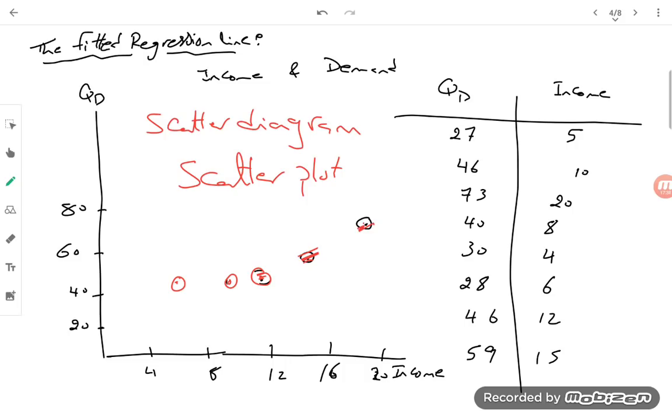So now we have to convert the mathematical equation to an econometric one in order to be able to estimate the parameters and to find whether it's going to be a positive or negative relationship. So returning back to our equation, as we said, y equals alpha plus beta x. This is the mathematical form.